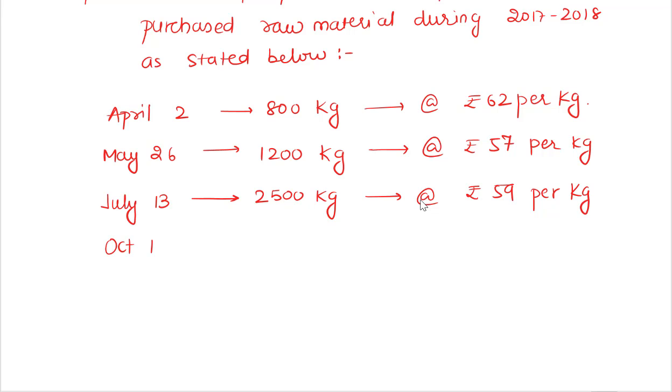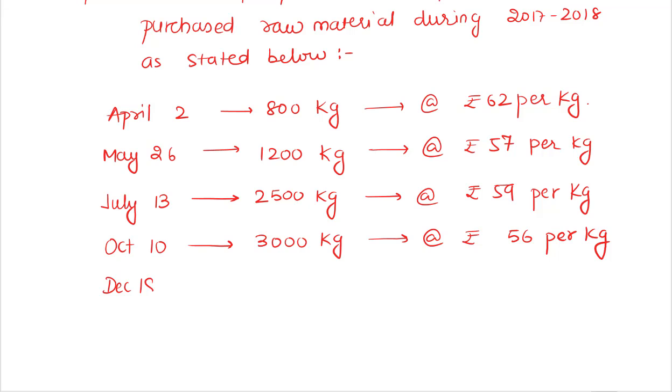On October 10, 3000 kgs of material at the rate of 56 per kg. December 18, 1500 kgs of material at the rate of rupee 60 per kg.